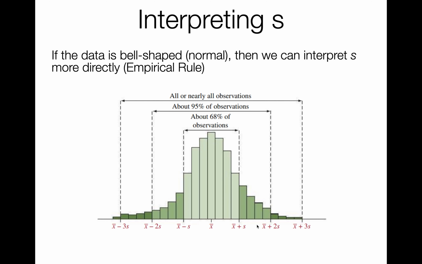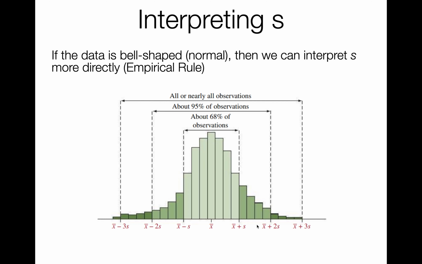If my data are bell-shaped, then we can interpret s more directly. It's going to tell us something about how the data are spread out. If it's small, they're less spread out, and if it's large, then they're more spread out.